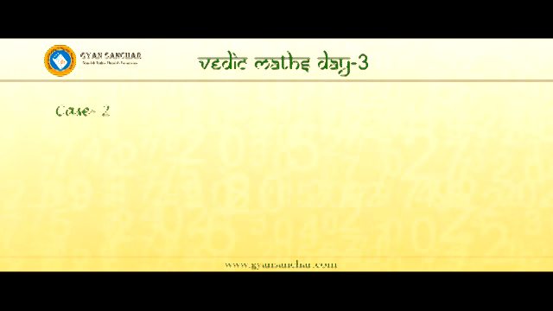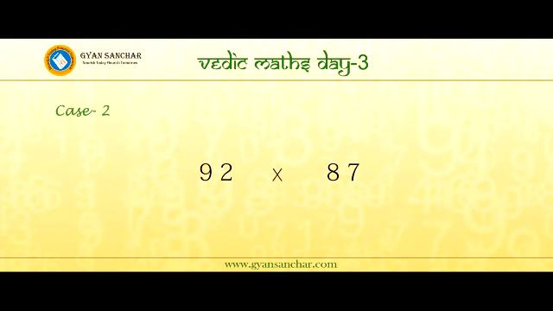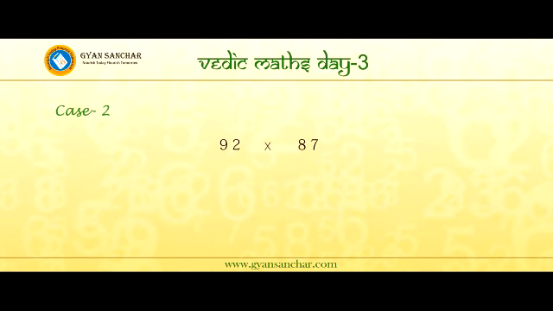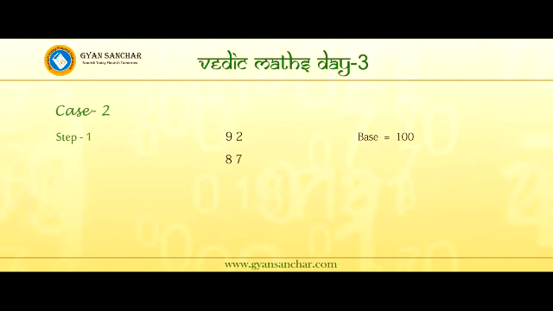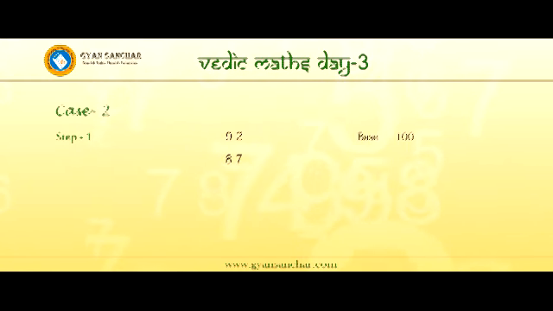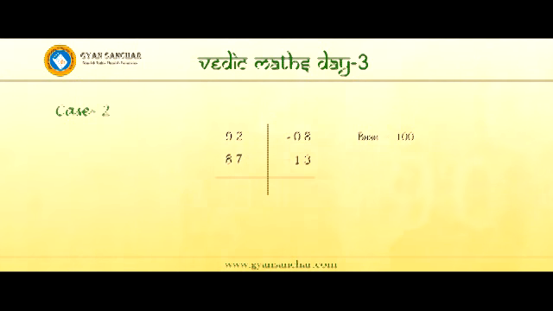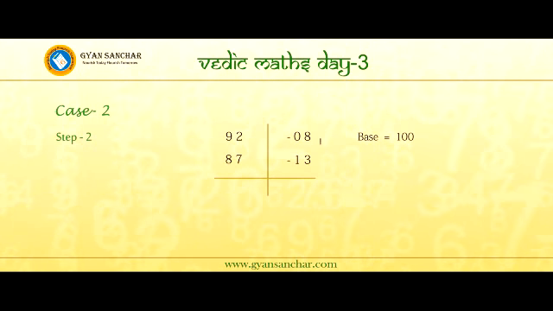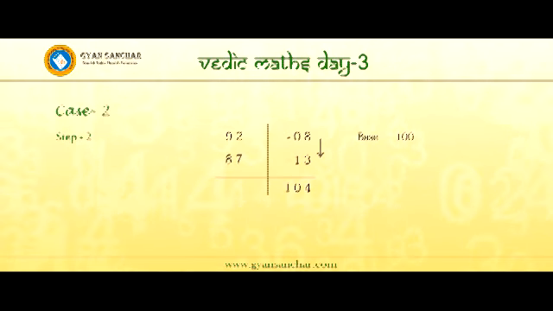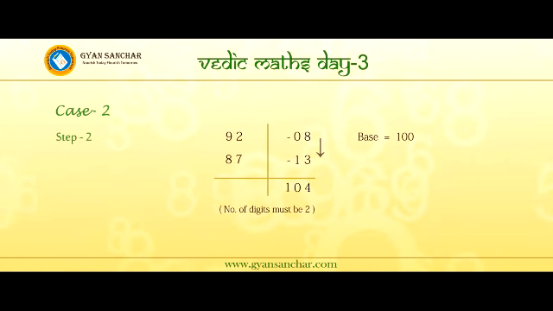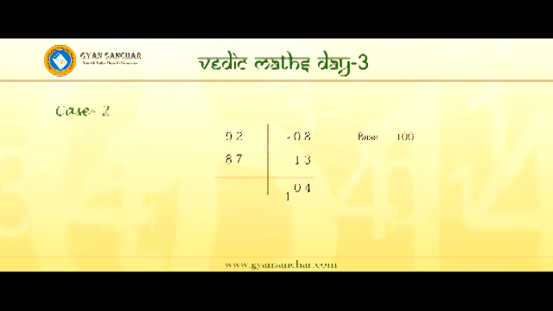Consider another example, multiplication of 92 with 87. The nearest base is 100. Step 1. We calculate the differences as -8 and -13 by subtracting the numbers from base 100. Step 2. The RHS is 104, that is -8 into -13. RHS has 3 digits, so we carry forward the extra digit 1 to the LHS.